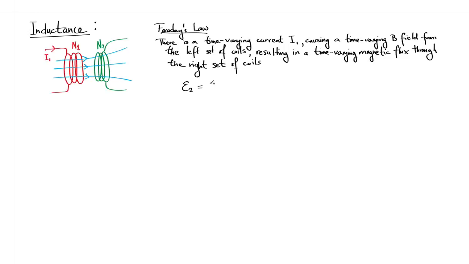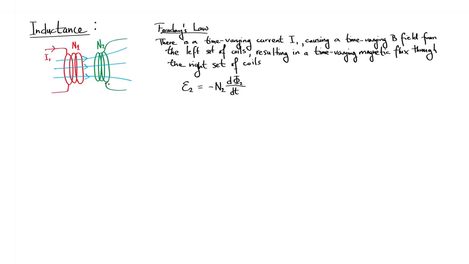So what I'm going to do is say that there's a minus sign. Let's imagine there are N2 coils. Maybe N2 might be 8 or 5 or whatever. And phi 2 is basically the magnetic flux through one coil, right? If I only had one coil here, I would draw this one surface.